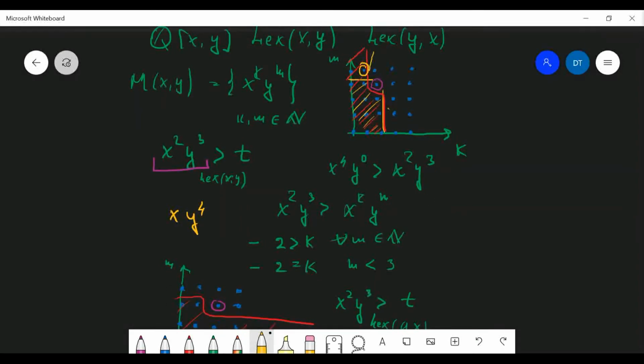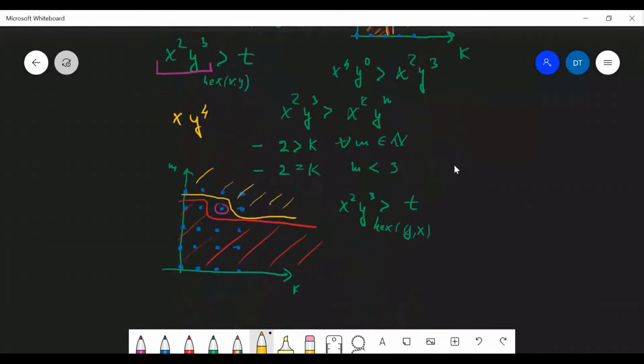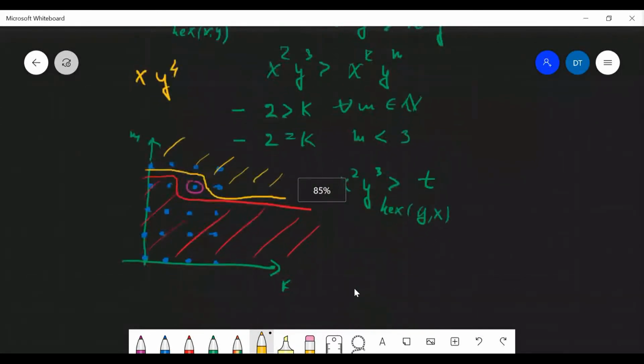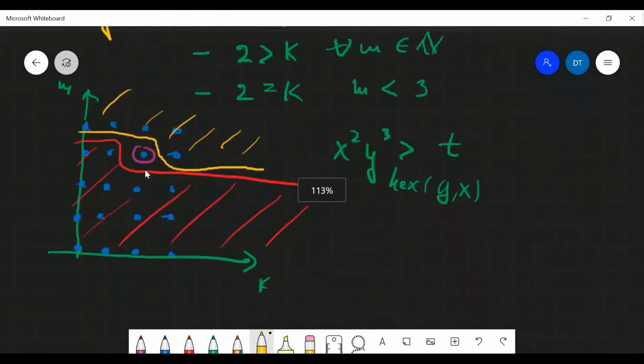Let's take the yellow color. All of these are strictly higher, and the similar thing is here. So you have infinitely many monomials higher than your one, and infinitely many monomials lower than your one.